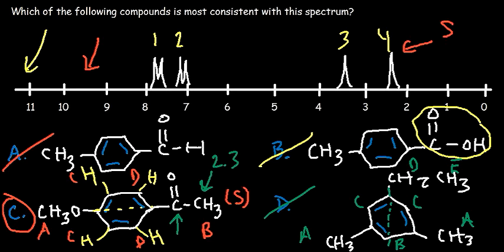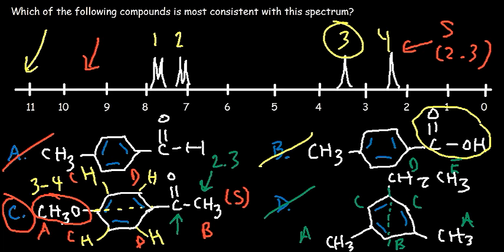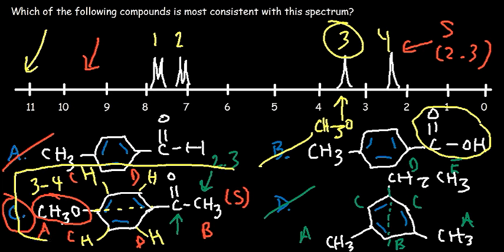This signal is a singlet, and it's around 2.3. Now, a methyl group directly attached to an oxygen should have a signal between 3 to 4. And since there are no adjacent hydrogens next to it, it's going to be a singlet. And that's what we have here. So this corresponds to the methoxy group. And so clearly we can see answer choice C is the right answer.